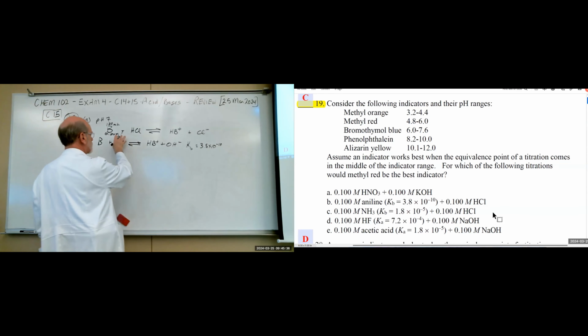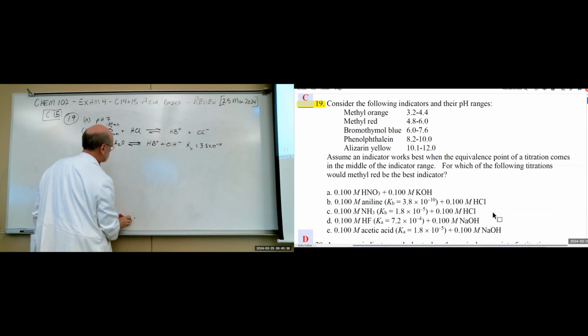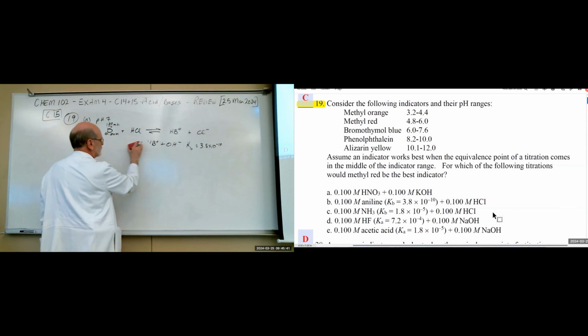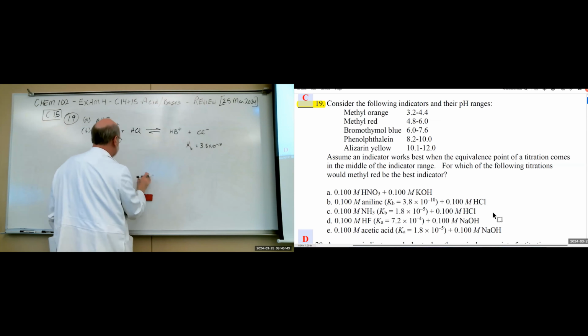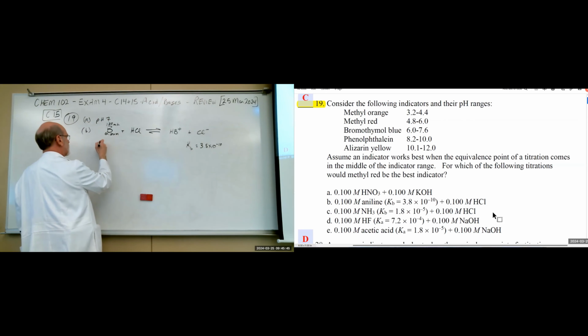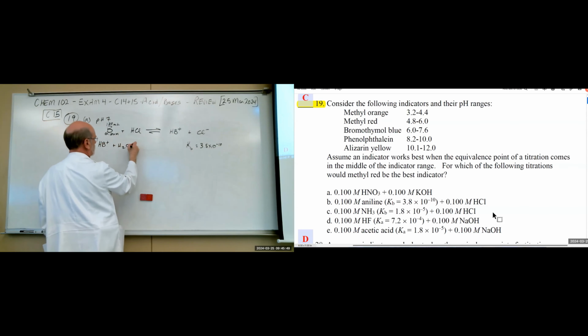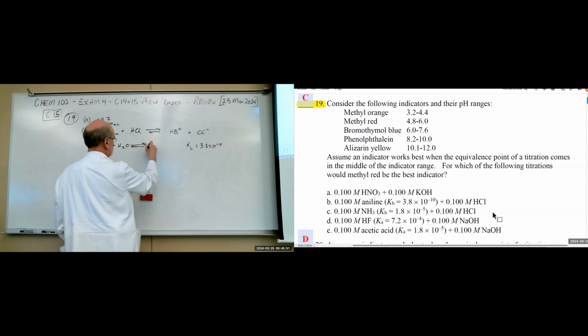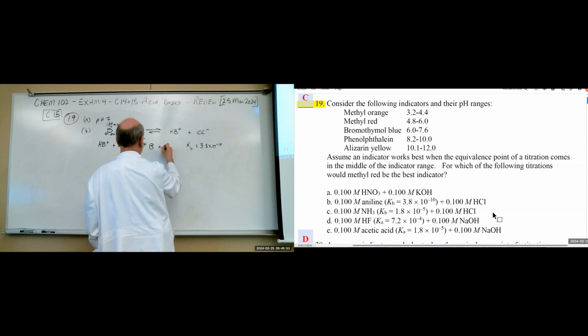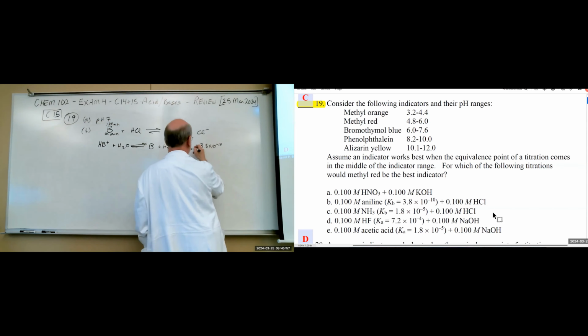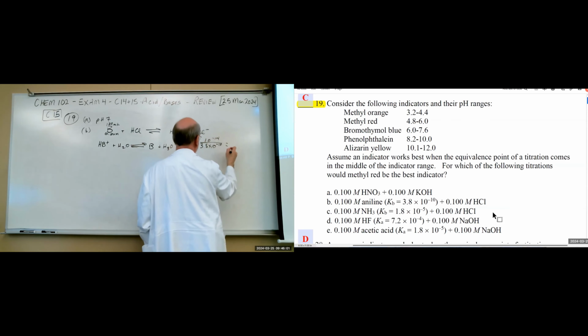Because once we've reached equilibrium, then we're going to have HB plus water yields B plus H plus. So we need Ka here instead. Ka equals 10 to the minus 14 divided by that.